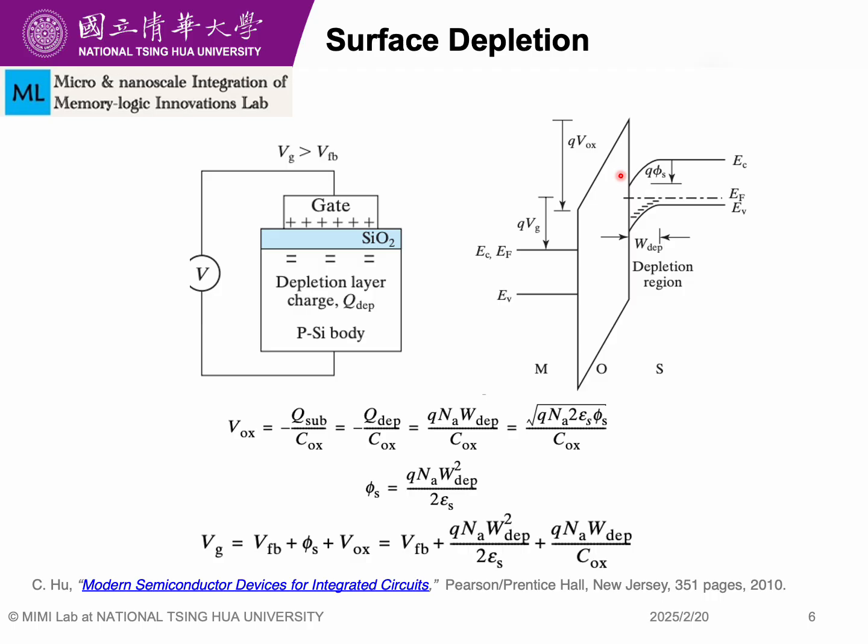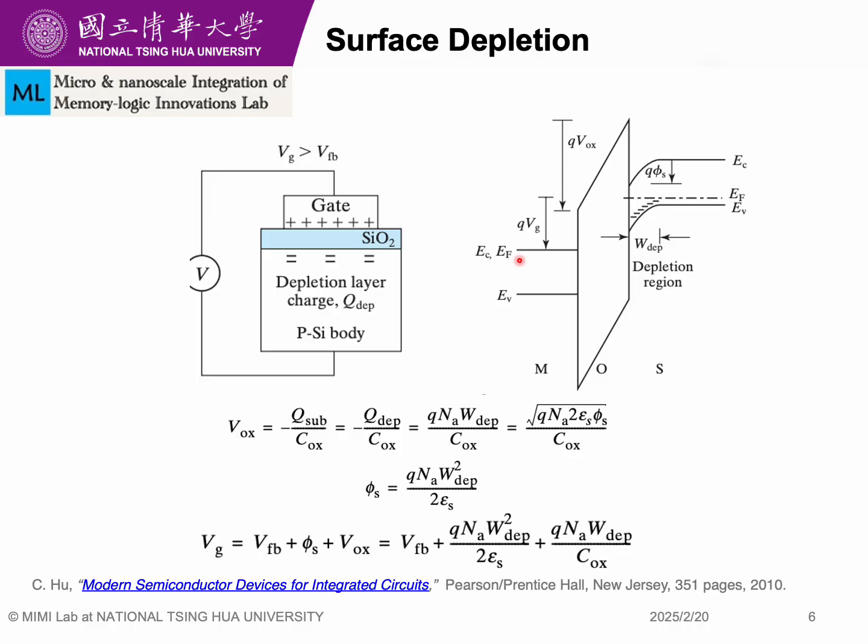So in this case also, the oxide has some electric field, and the silicon substrate surface also has some electric field. This is called the depletion. Why? Because we apply some positive voltage here.